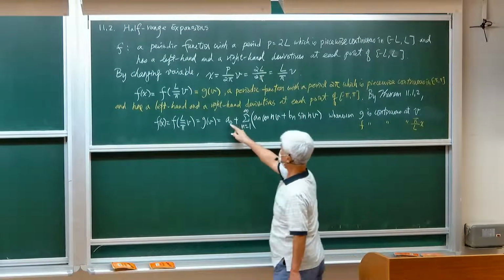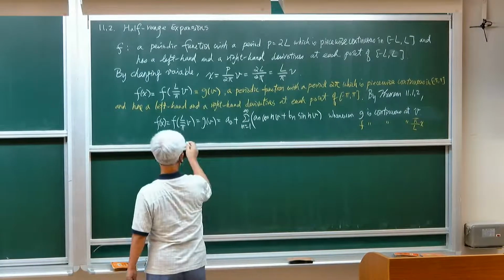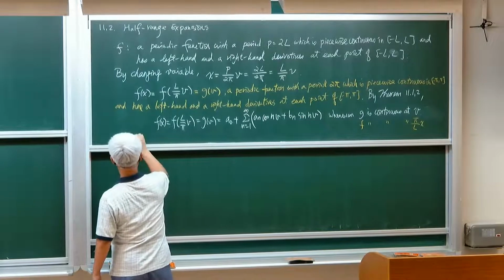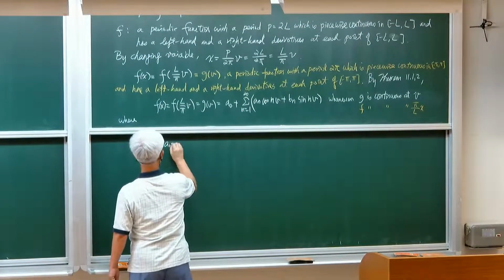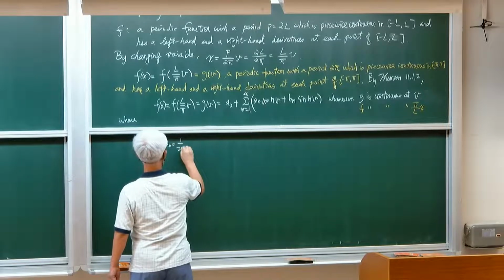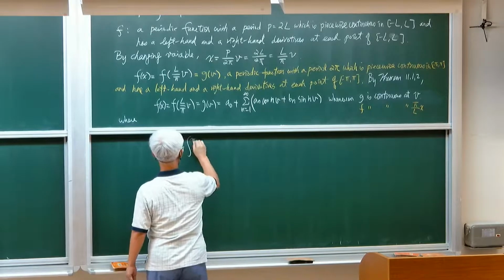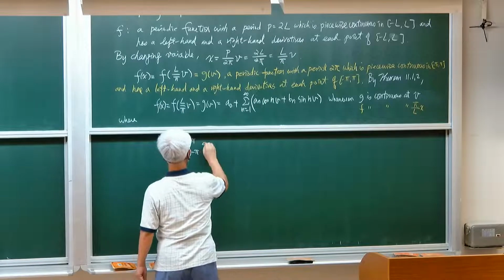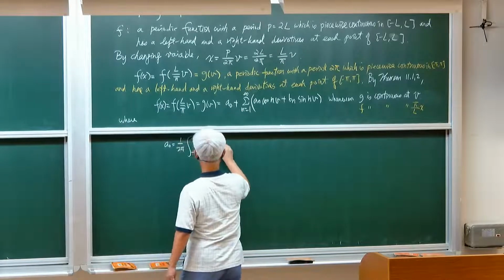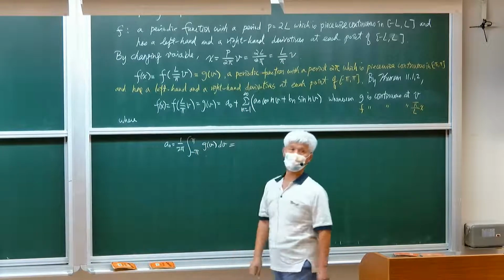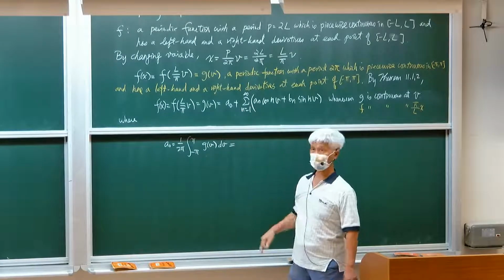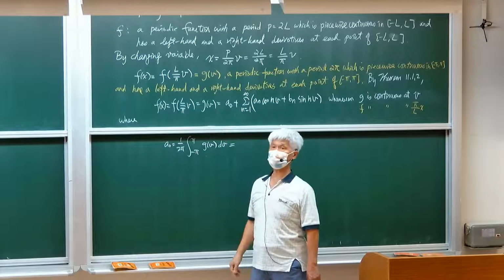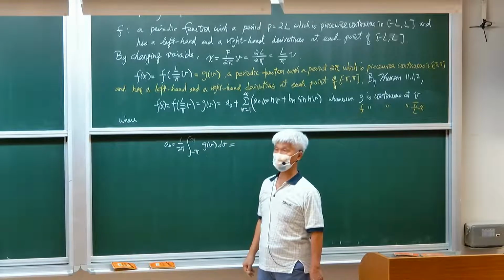And the coefficient, so where we compute the coefficient, well, A0 is the integral of G of v, okay, because the coefficient is computed by the G function of v, right?